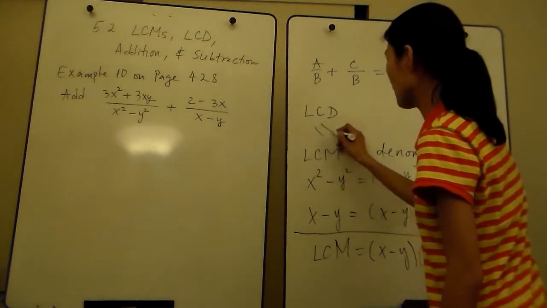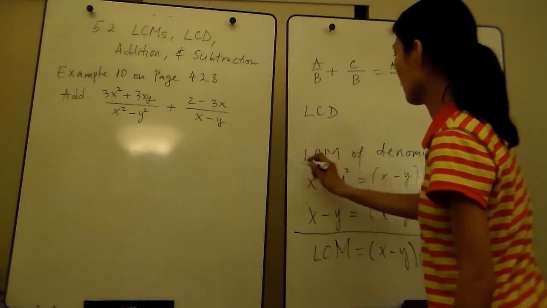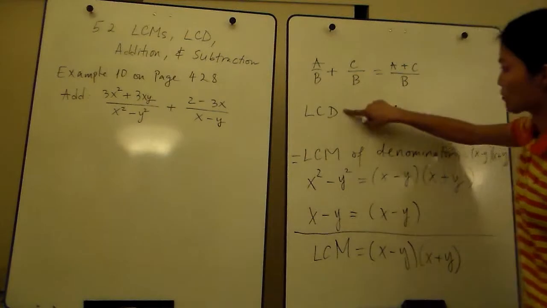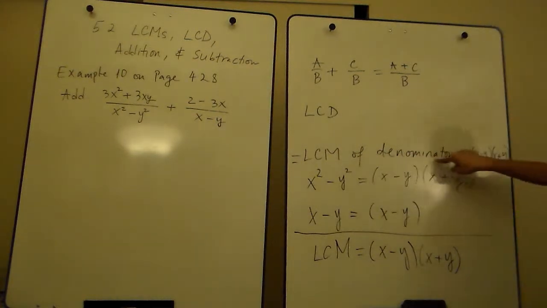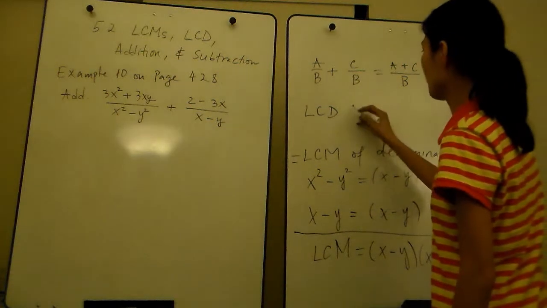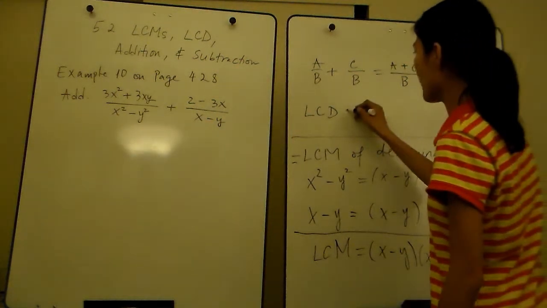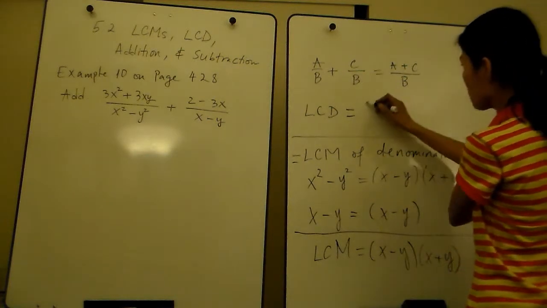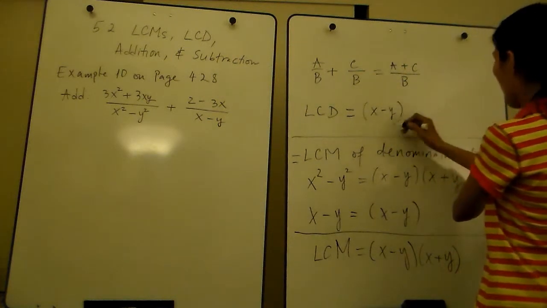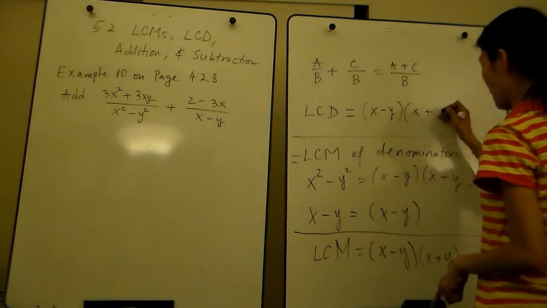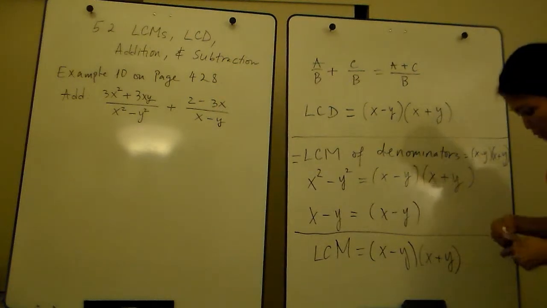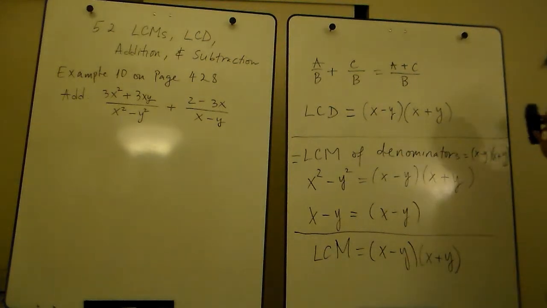Having all that, I'm going to rewrite the LCD here: x minus y times x plus y. And we'll clear all these out. We don't need this anymore.